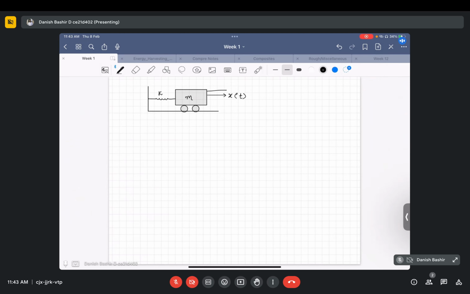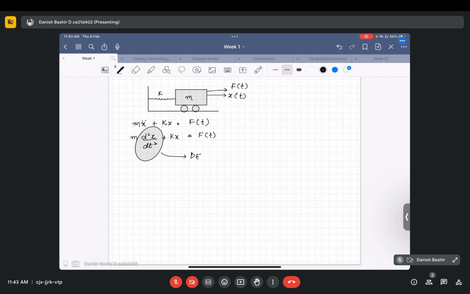Some dynamic forces are applied on it. We write its equation as m x double dot plus kx equals f of t. If you expand this, it is m d²x/dt² plus kx equals f of t. Here again we have a differential equation.